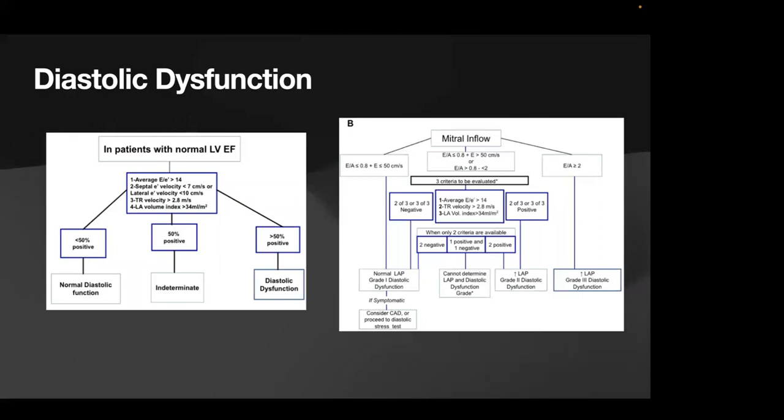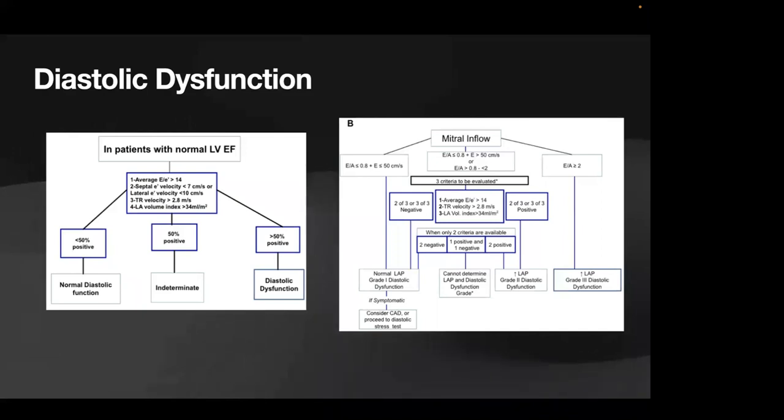Just a question about the left-hand panel, the patients with normal LVEF. There's a group of patients that have a normal EF, but they have an abnormal heart. The easy one is LVH, with lots of different reasons for that.